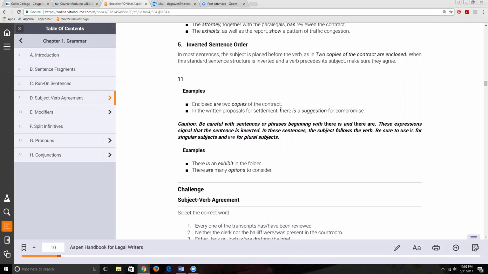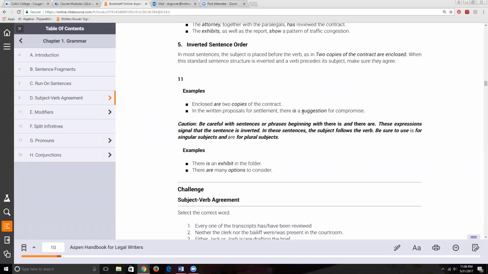Another common one is the there is. This is idiomatic with English. If you speak French, you know that the equivalent is il y a, which is always singular. You always have, I think this is true, always, even when it's a plural subject that follows that. But in English, we don't do that. We say there is or there are.